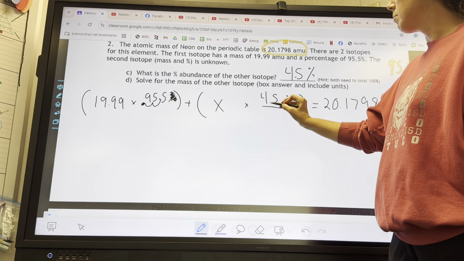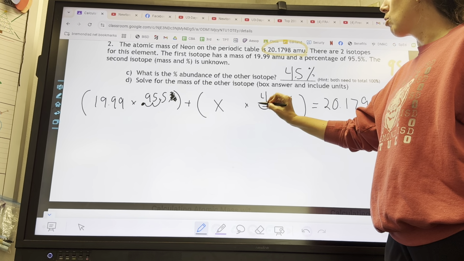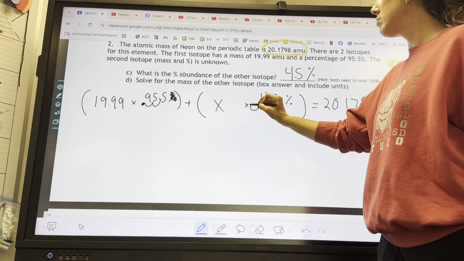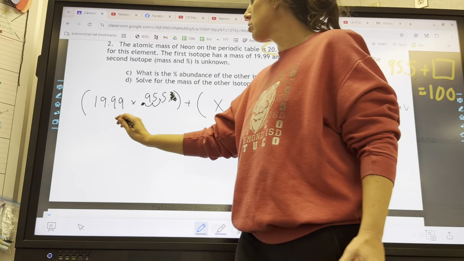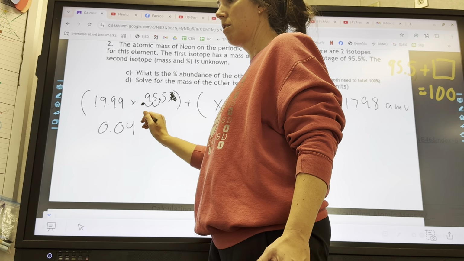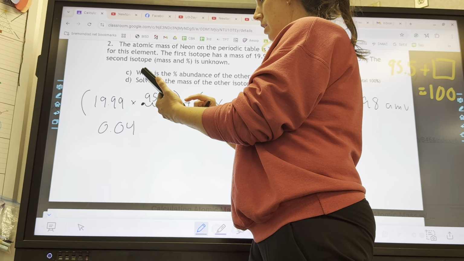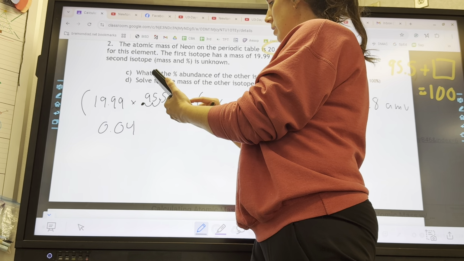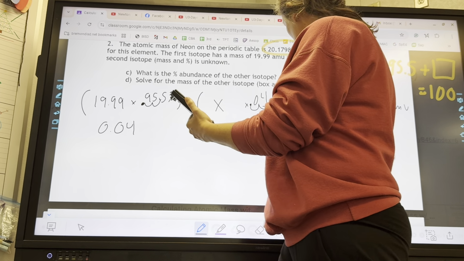Okay, and I move this over 2, in front of the 4, and then I need to add another 0. 0.045. Perfect. So this first one is 19.99 times 0.955.